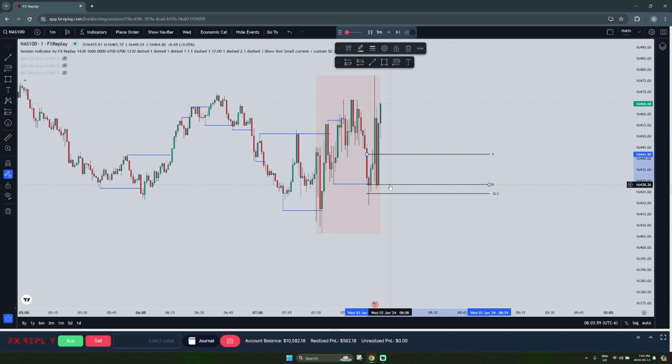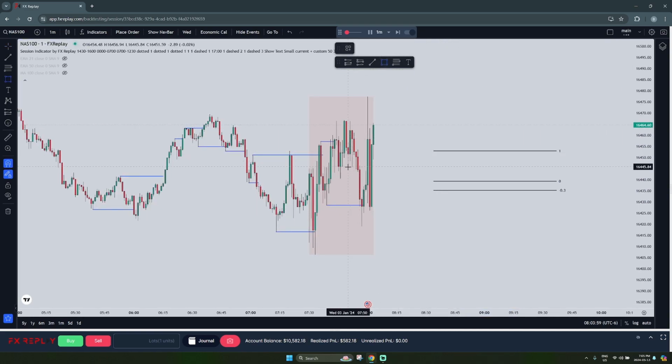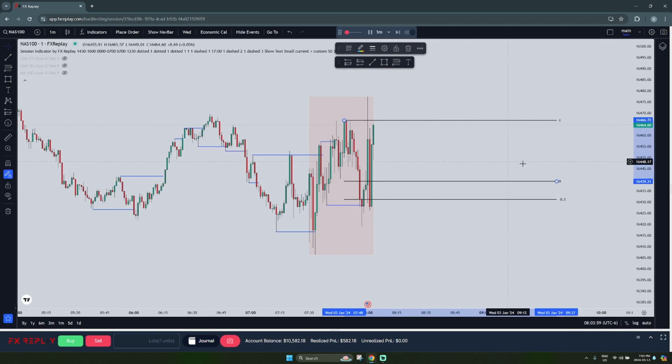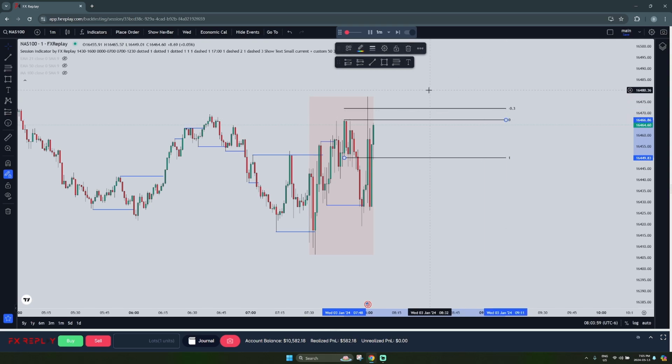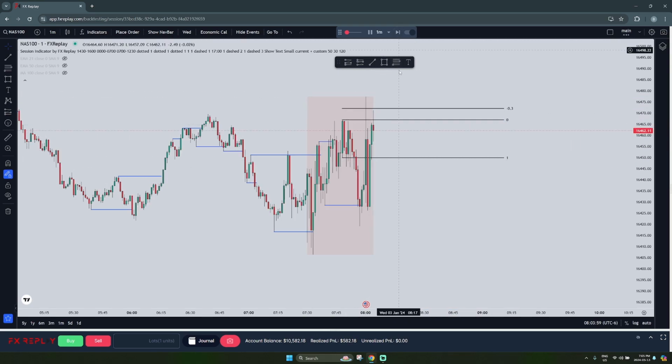Structure right here. And we have a fair value gap. And then we do have a supply zone right here. And we did get the color change, but the color change was too much. Because if we took the color change right here, the R wouldn't be worth it.